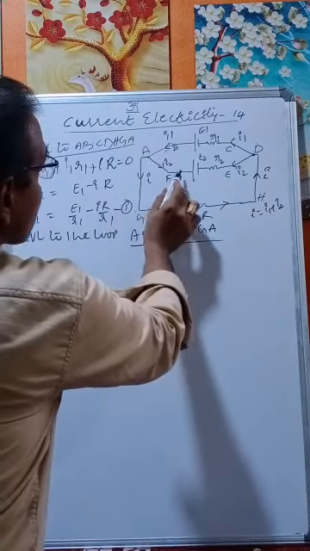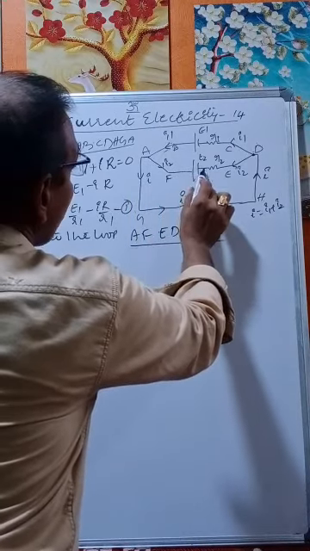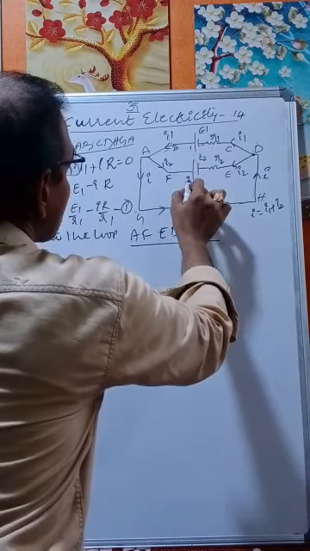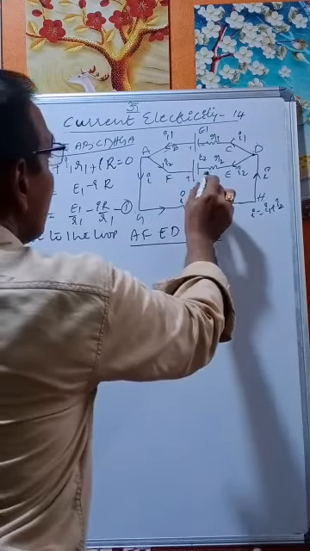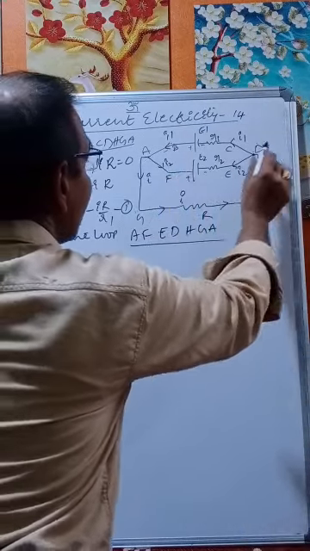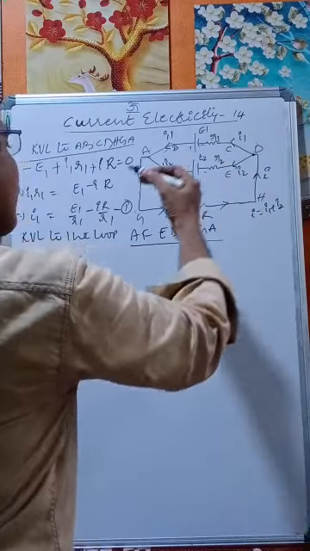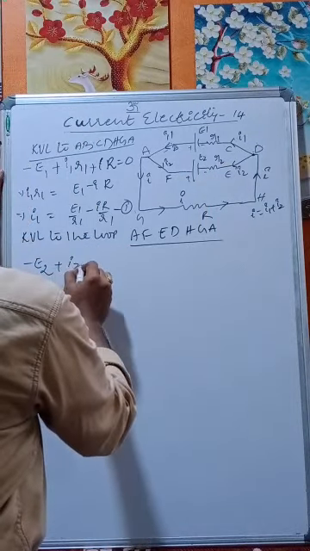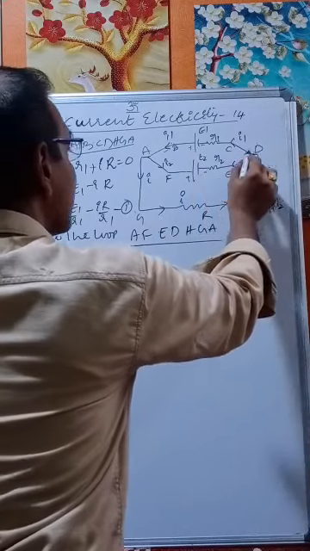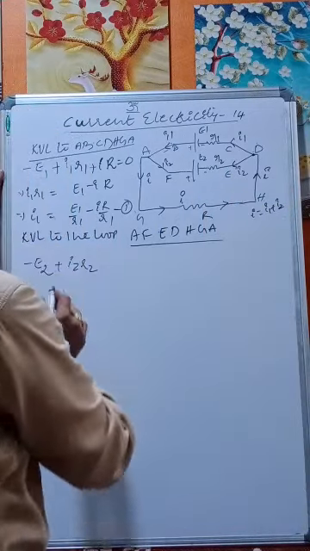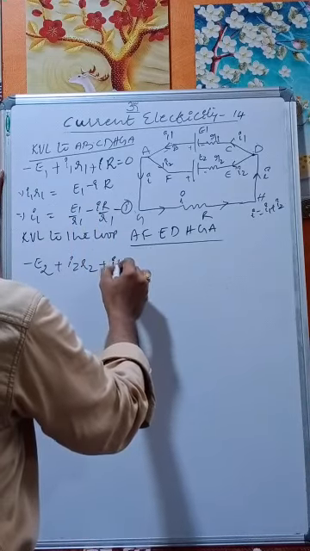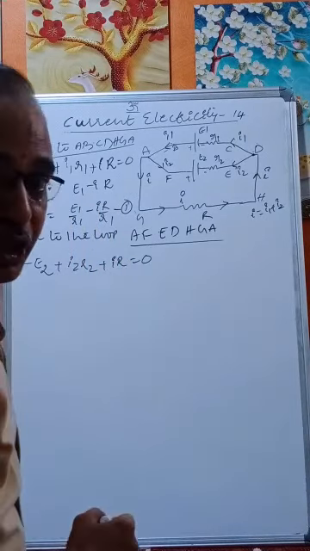Again we are moving like this, and there is a drop in the potential, so minus E2. Current I2 is opposing, therefore plus I2 R2. Again the current is opposing as we move from H to G, therefore plus IR equals 0.